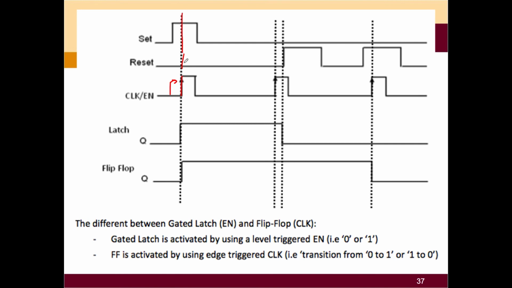So you need to see what happens here. This one is 0, this one is 1. So S is 1, R is 0, you're going to set. It means that the output is 1. So that's why you do like this, and the rest will remain the same, because you trigger only at the clock.